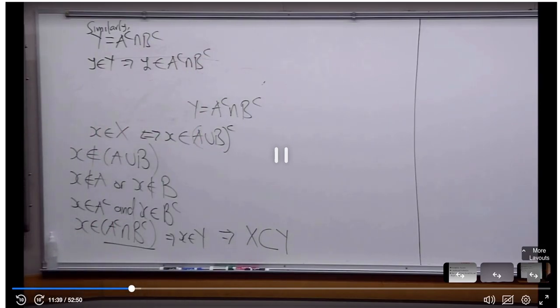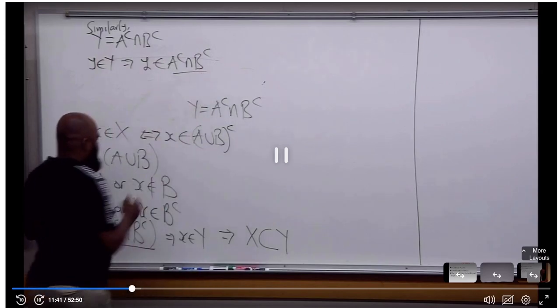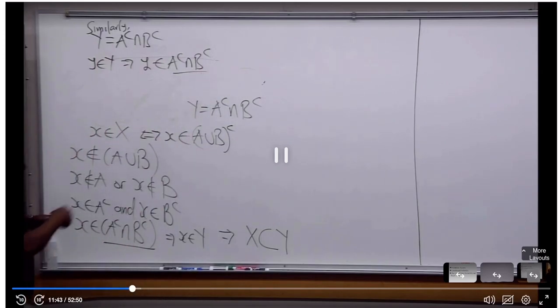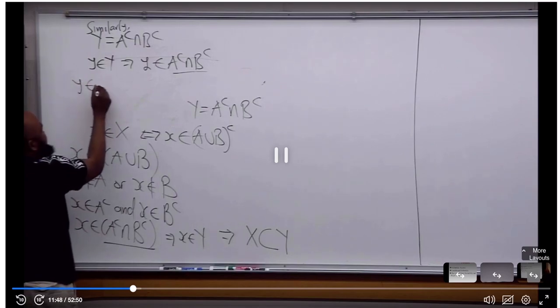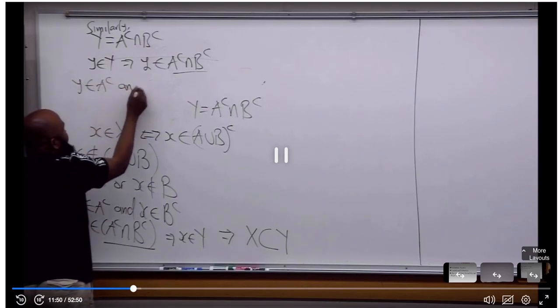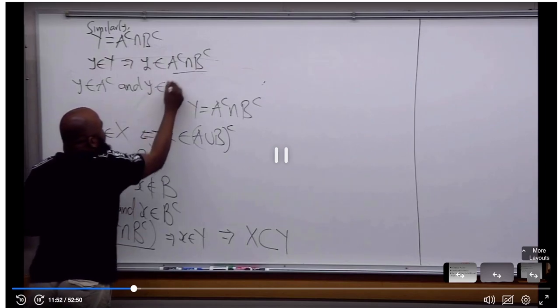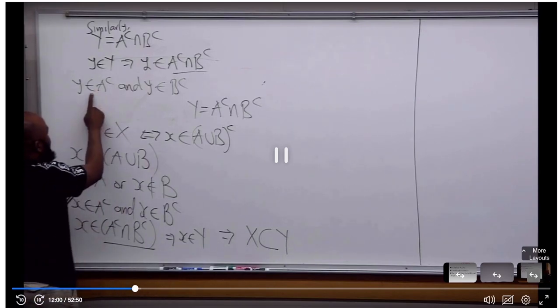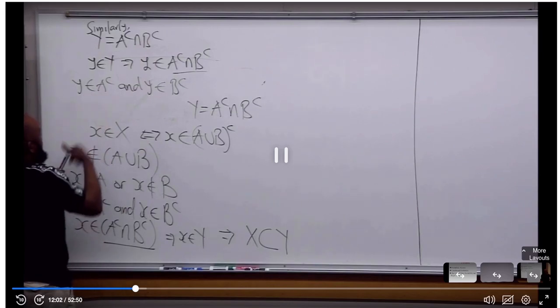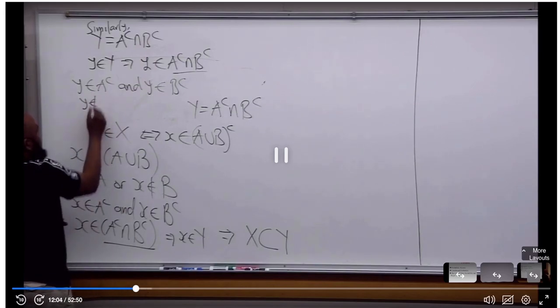What is the meaning of that? The meaning of this is y lies in A complement and y lies in B complement, because this is an intersection. See that? Now, if that happens, if I want to change this to this, that's going to be that.